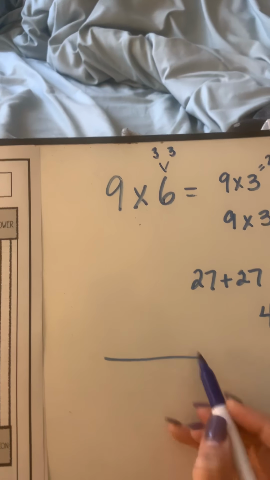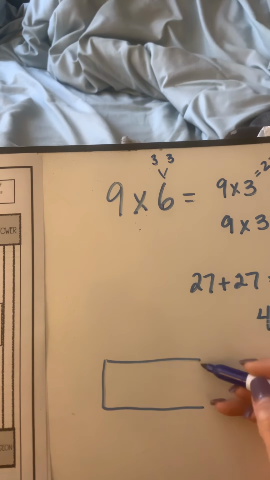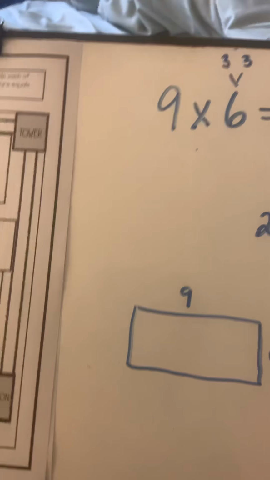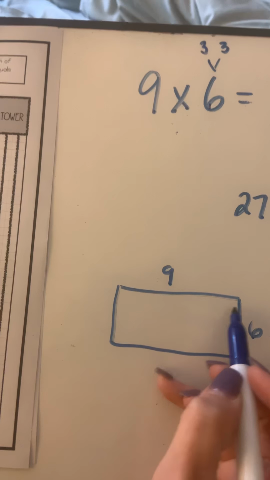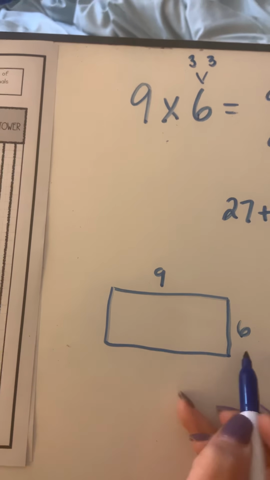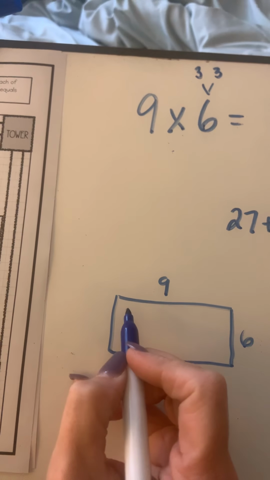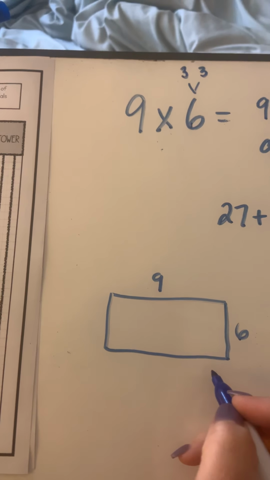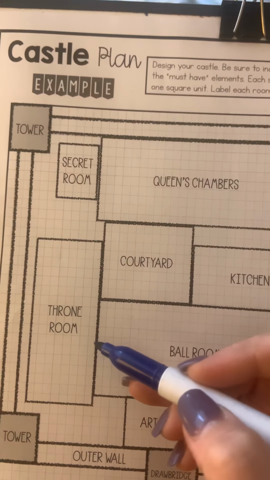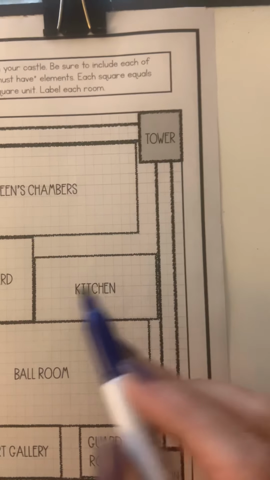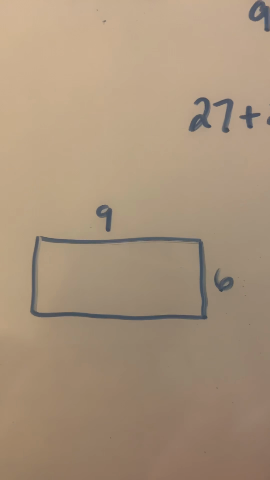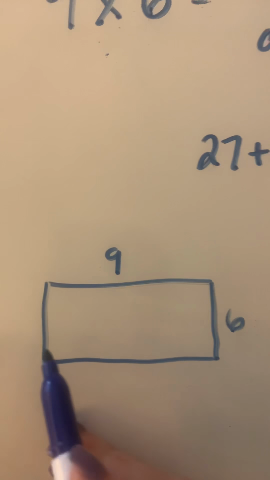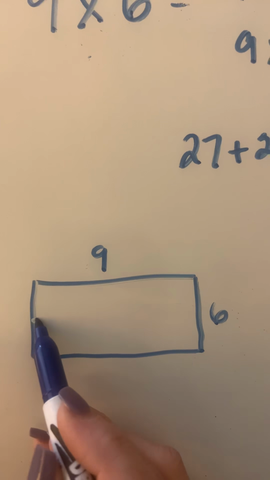Let's look at this as 9 by 6. So there's going to be 6 rows, and there's going to be 9 columns, okay? Think of it this way. This one's a little bit too big, maybe something like that. Doing this and breaking that 6 into 3s would be exactly like doing something like this.